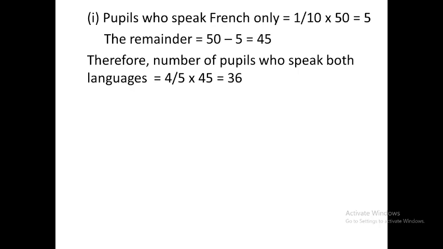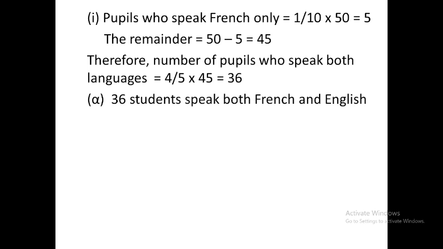So alpha says we should find both French and English. So 36 students speak both French and English. We are done. The beta says those who speak only English. So we need to find the difference. First, bring the total number of students in the class, which is 50.